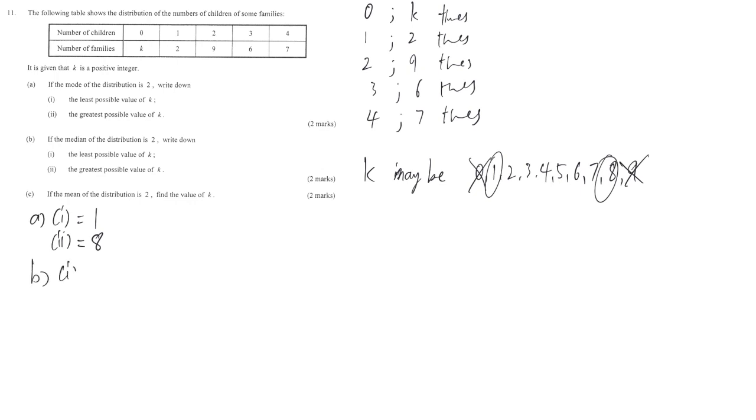So part B1, you need to imagine we list out the data like this in order. So maybe we have 0 appearing k times, and then 1 appears 2 times, and then 2 appears 9 times, and 3 appears 6 times, and 4 appears 7 times.